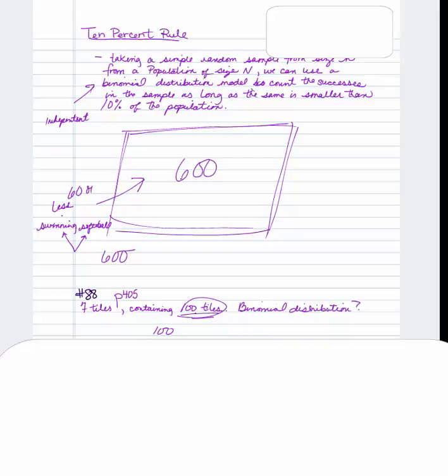But because it's 10% or less of the population, we may get some differences, but they're not going to be drastic differences. So we can assume that it's independent, and we can calculate it the same way we've been calculating other things. We might be a hair off, but it's not really going to make that much of a statistical difference. That's what the 10% rule means.